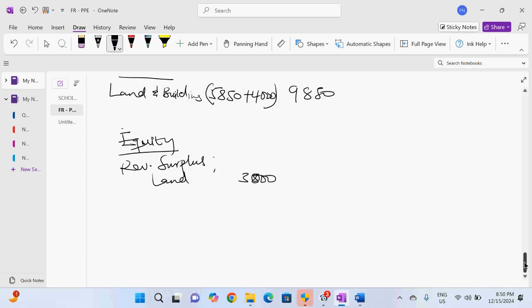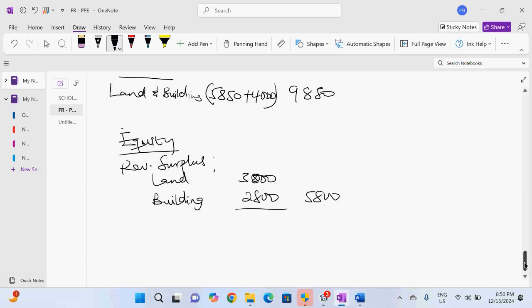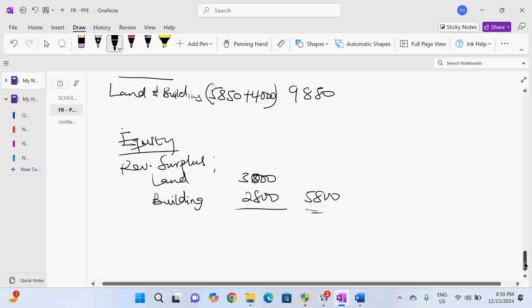Is it 3,000 flat? Yes. Land and building is how much? 2,800. So what do you have? 5,800. What else?